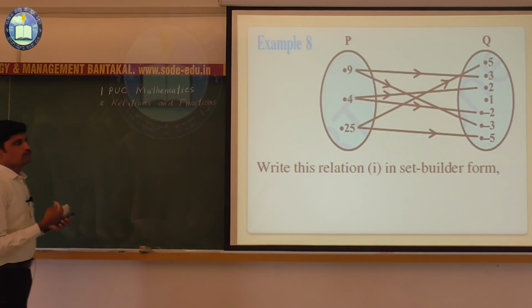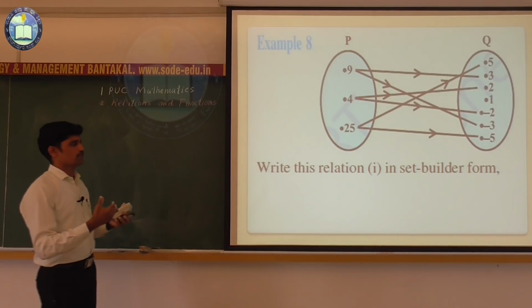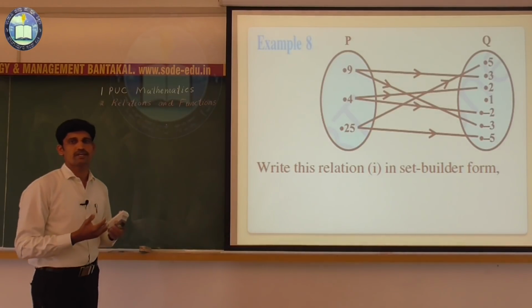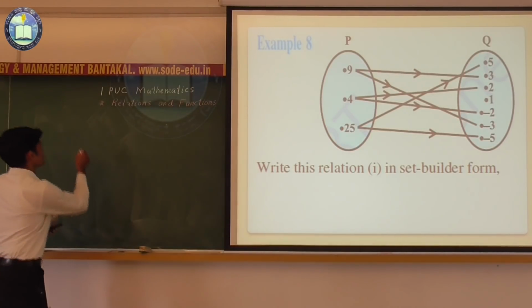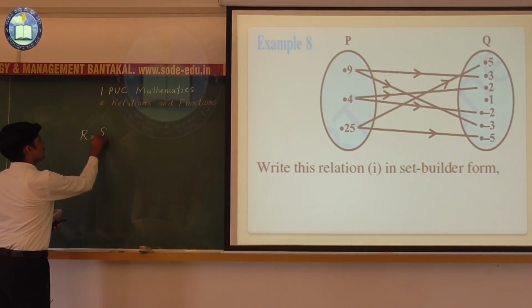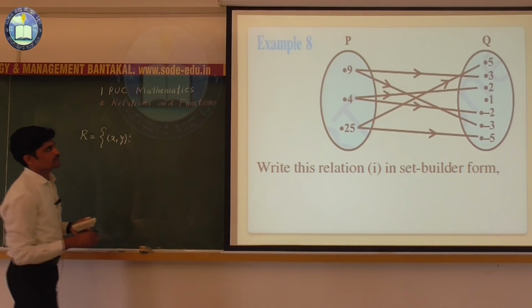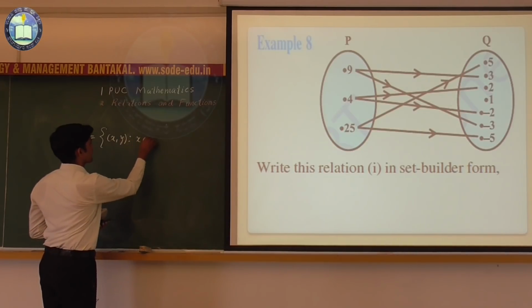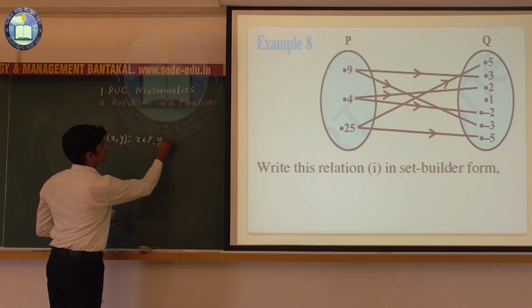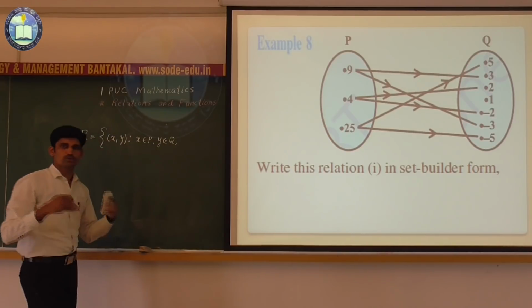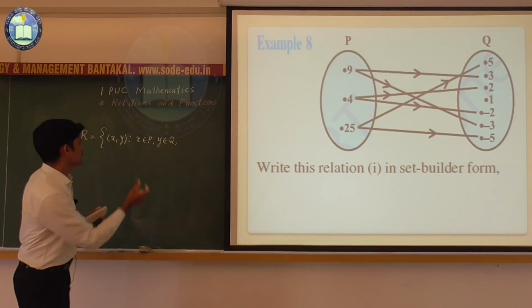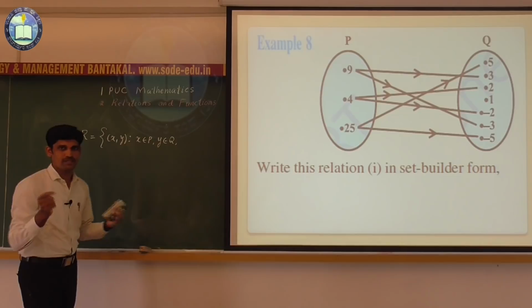In the set builder form, we obtain the condition by which the ordered pair x comma y is obtained. So R is equal to set of all x comma y such that x belongs to set P and y belongs to set Q, and we have to give the condition from which we got the ordered pair x comma y.